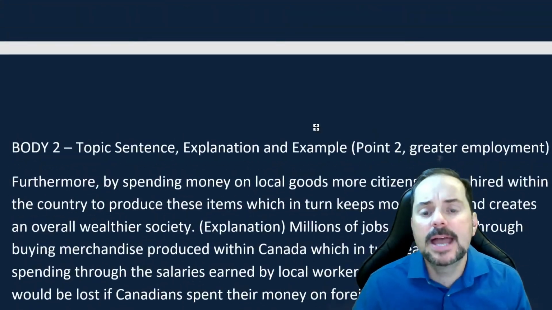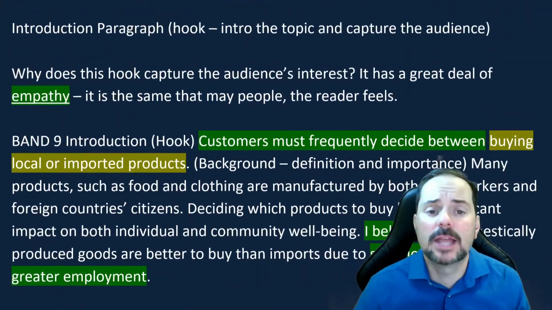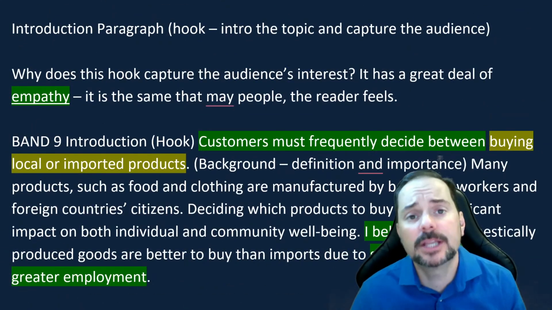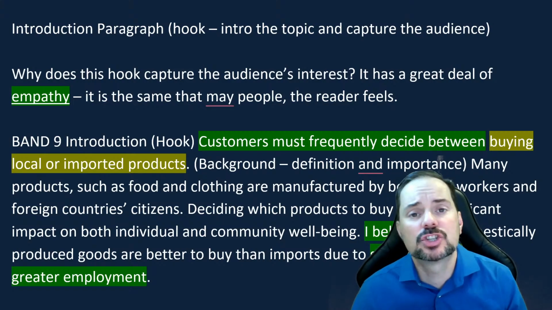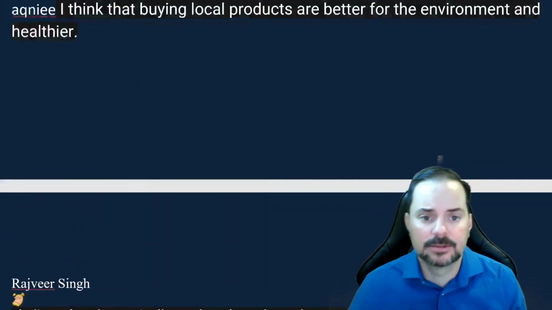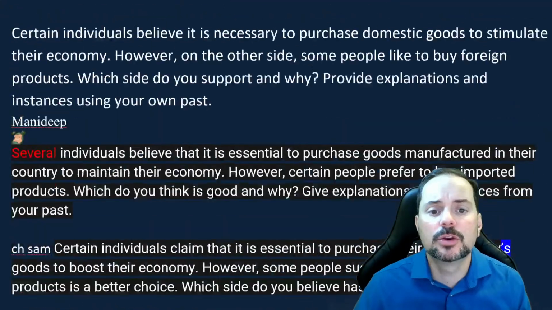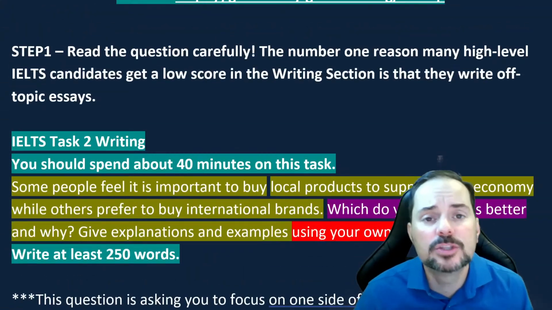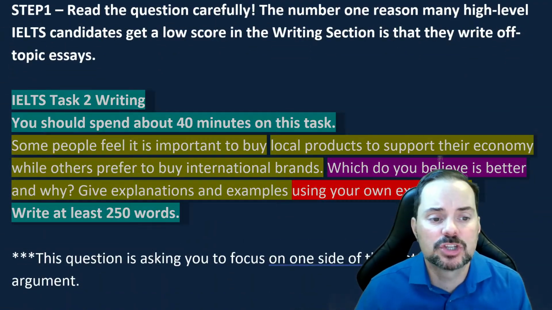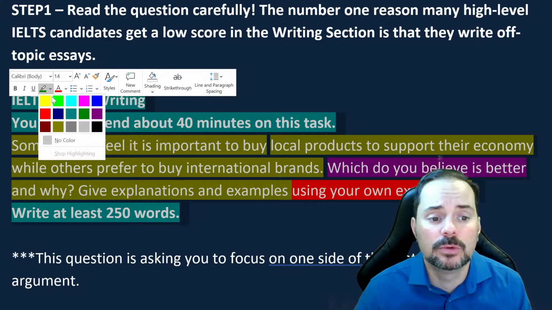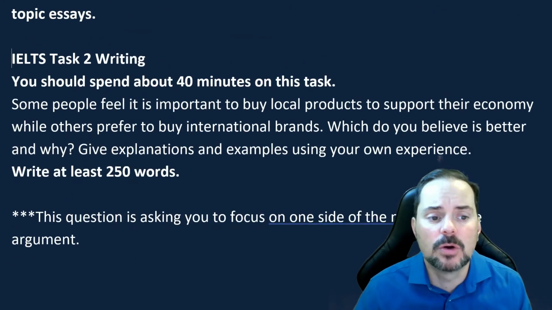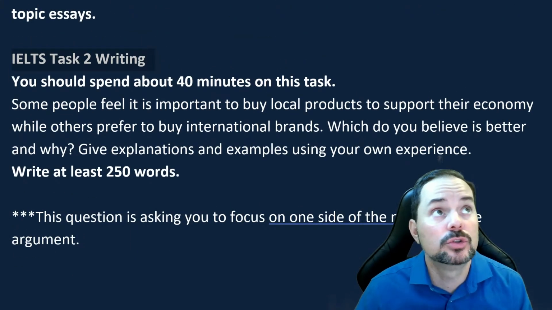All right, now let's reread the whole essay and make sure that we have a clear essay that answers this question directly. So here's the original question. You should always read the original question before you review your essay. So IELTS writing task 2.